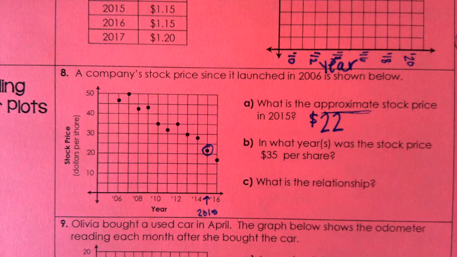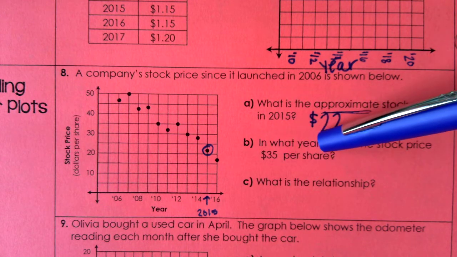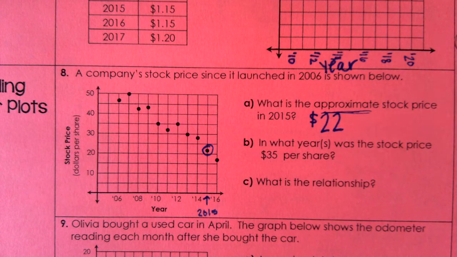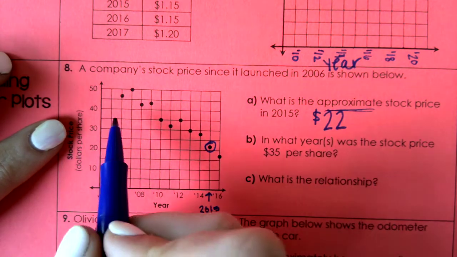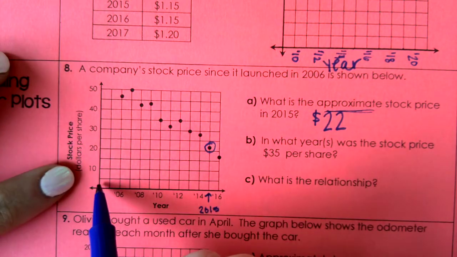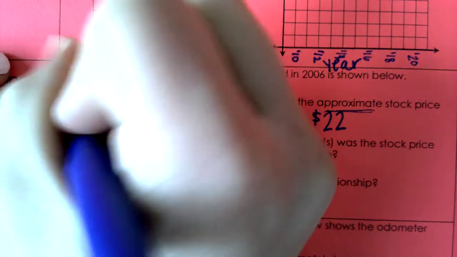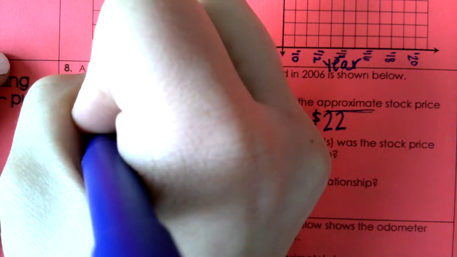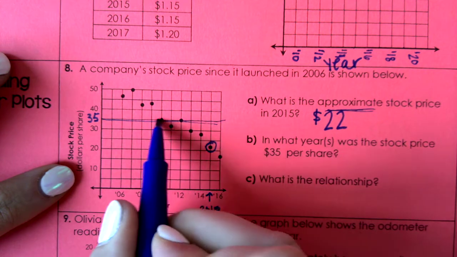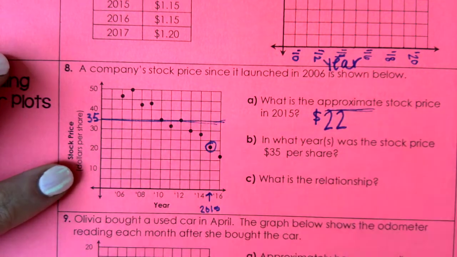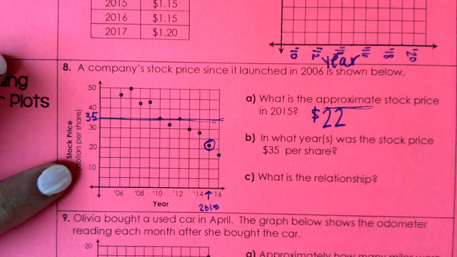Now it's asking me to answer, in what year or years was the stock price $35 per share? So I'm going to go over here because this is dollars per share. I'm going to go to $35. This is counting by fives, so 35 would be right here. I want to know what years, so if there's any dot on here, that would land me on it. So what years, there's two dots.